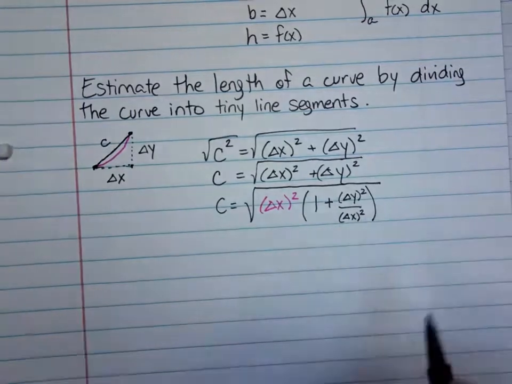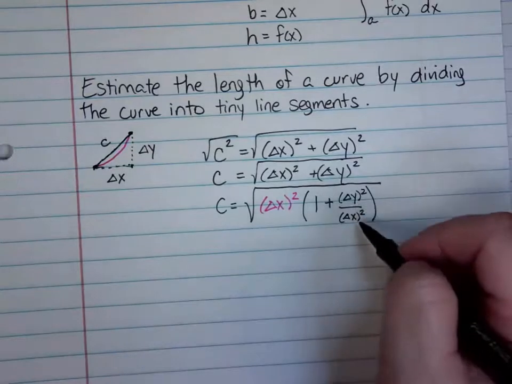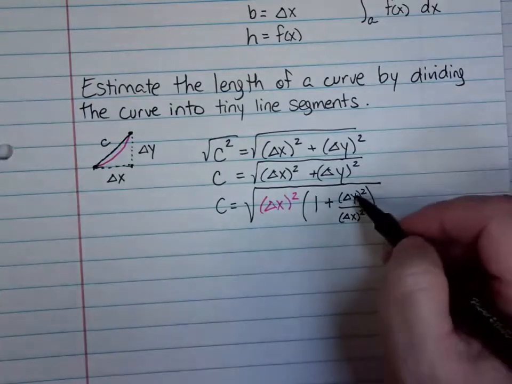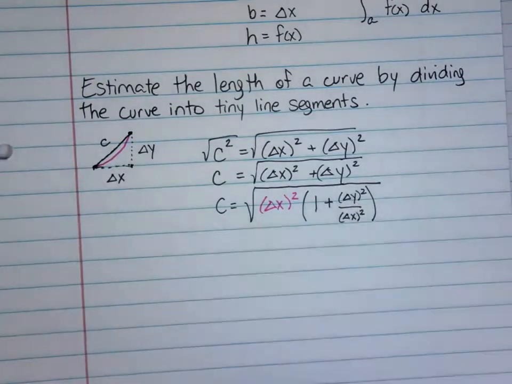Now, where we're going with this is the fact that delta y and delta x are the same thing as dy and dx. And what is dy over dx the same as? The derivative. So it's turning it into a derivative. So please write this down.